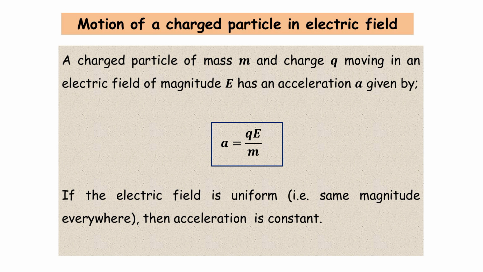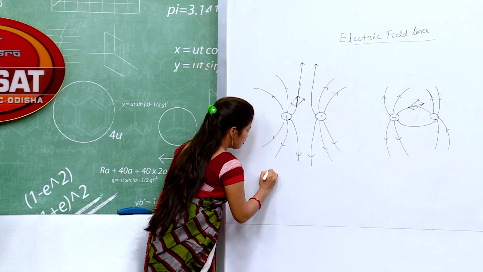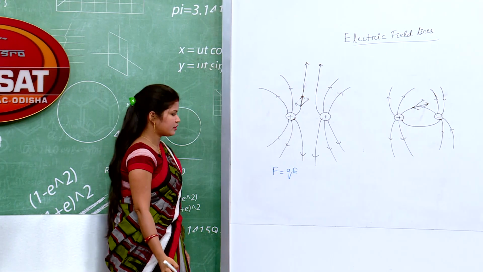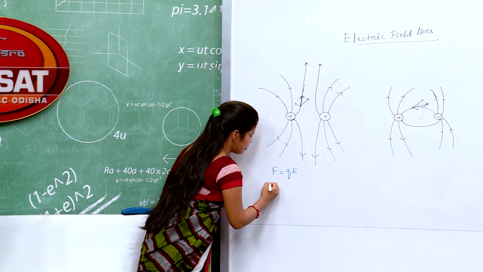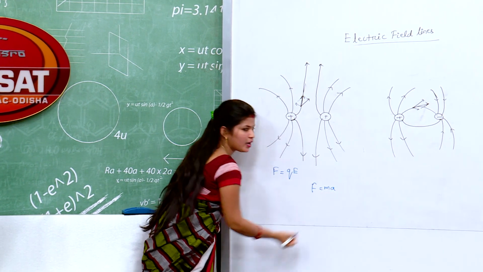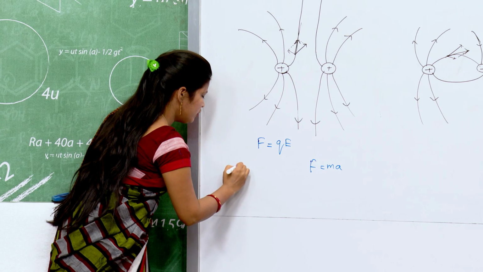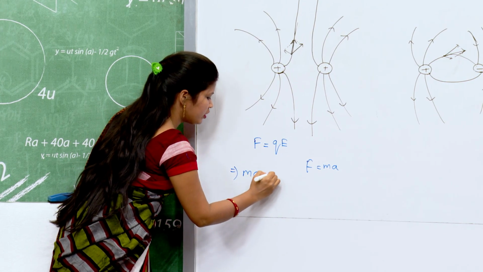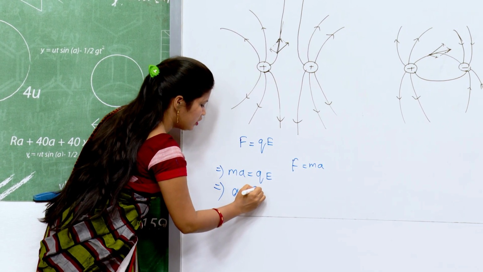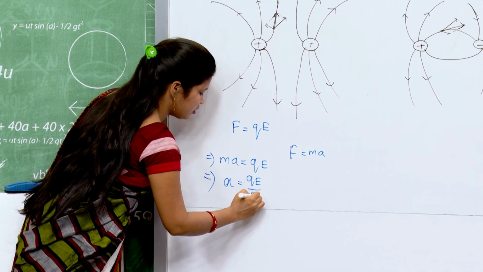We know that force F is equal to q into E. And in mechanics, when acceleration is present, force is equal to m into a, mass into acceleration. So, putting the value here, m a is equal to q into E, so a is equal to q E upon m.